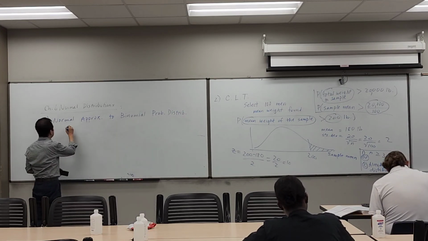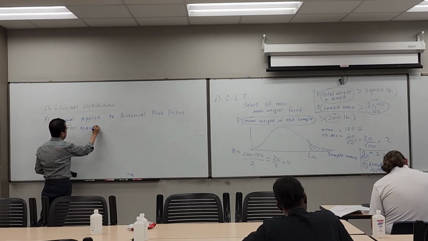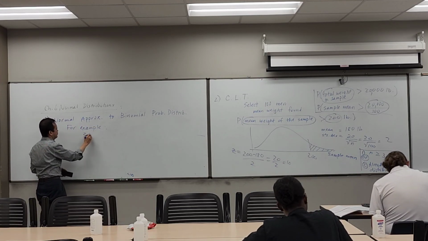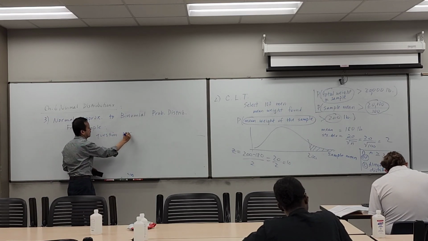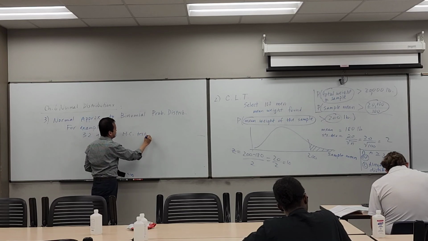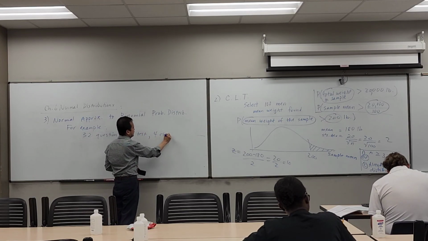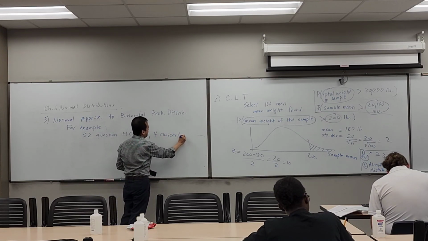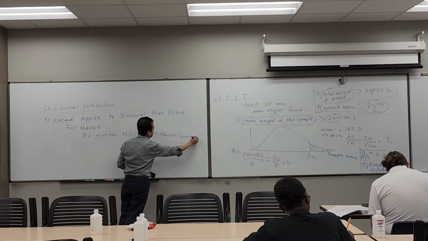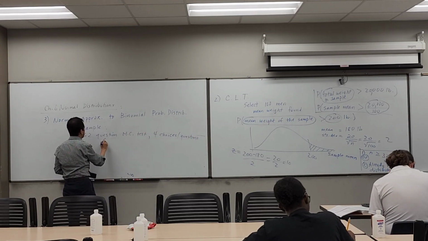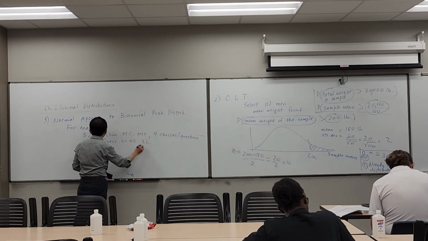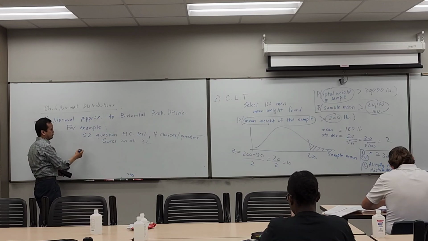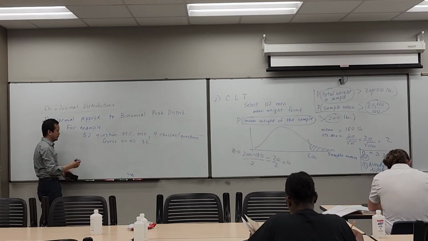So for example, if you had a 32 question multiple choice test, 4 choices per question, and you were to randomly guess on all 32 questions, then let's say passing is getting 20 or more questions right.